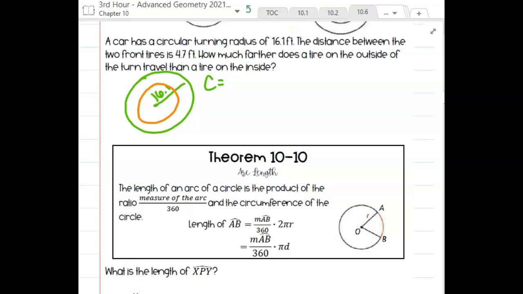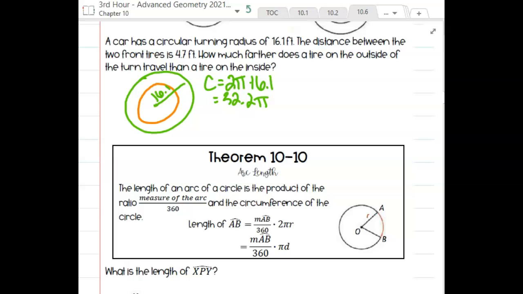I have the radius of the green circle, so we do 2 pi r, which is 2 times 16.1 pi. We'll leave the pi as pi, and get 32.2 pi. In one turn, that's the distance the outside tire travels.